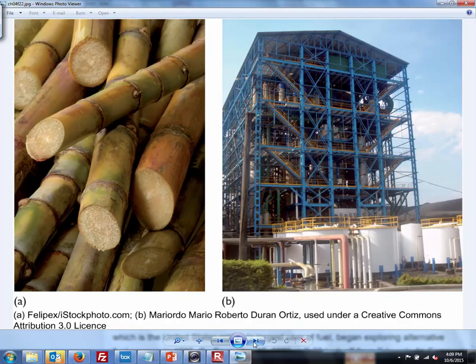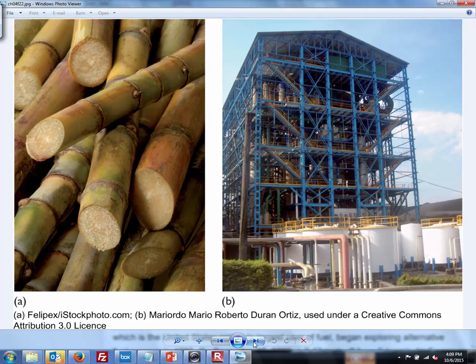Okay, sugarcane, again, a purpose-grown energy crop, and then a Brazilian ethanol production plant. So again, you're relying on a biochemical process, in this case, yeast making ethanol, more or less, as its own waste product for a biofuel.